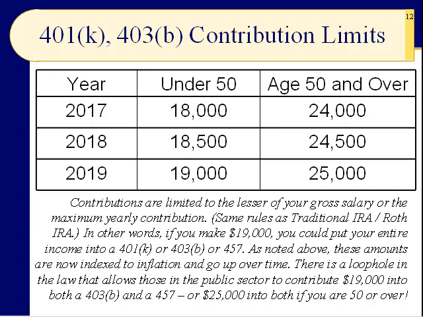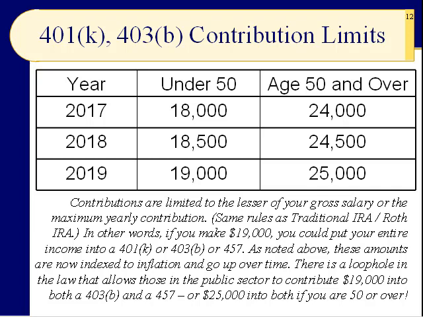And note that if you're 50 or over, $25,000. That's a lot of money. And there's a loophole in the law that I didn't believe at first, but it's true. If you work for a school district or another nonprofit entity and they have a 403b and a 457, you can put the entire amount into both.